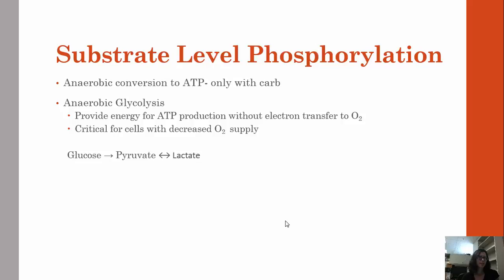So in a situation like this, normally we would have glucose in our body go to pyruvate, which would go to the TCA cycle and electron transport chain. But when we don't have enough oxygen, pyruvate can be converted to lactate, and that does not require oxygen.